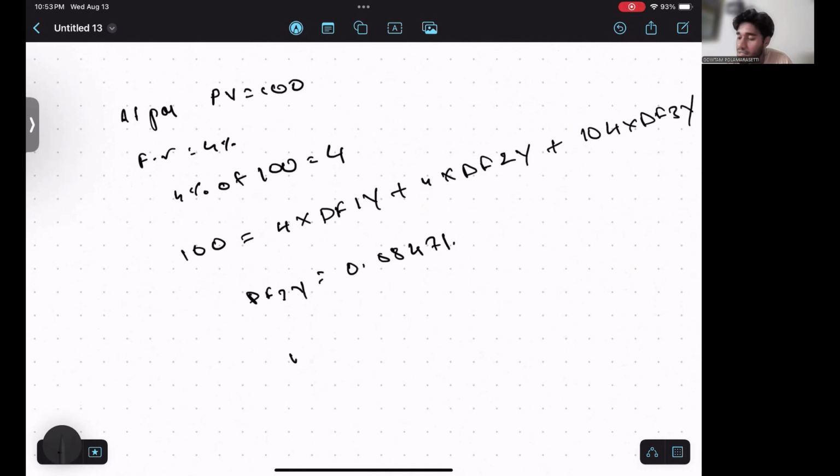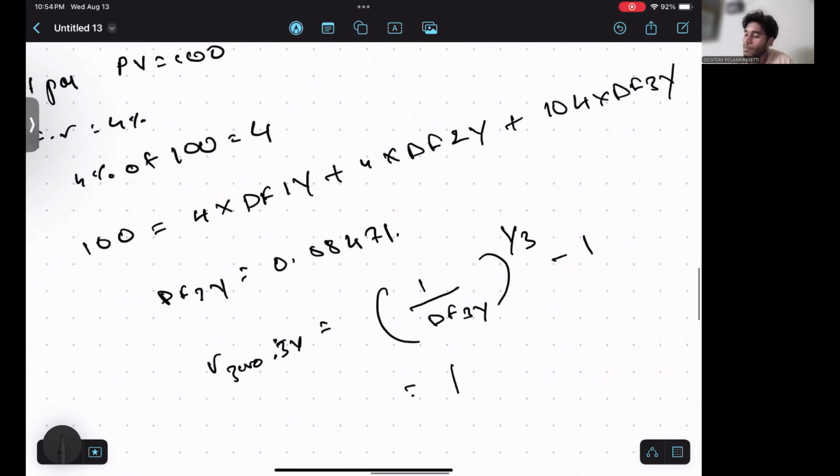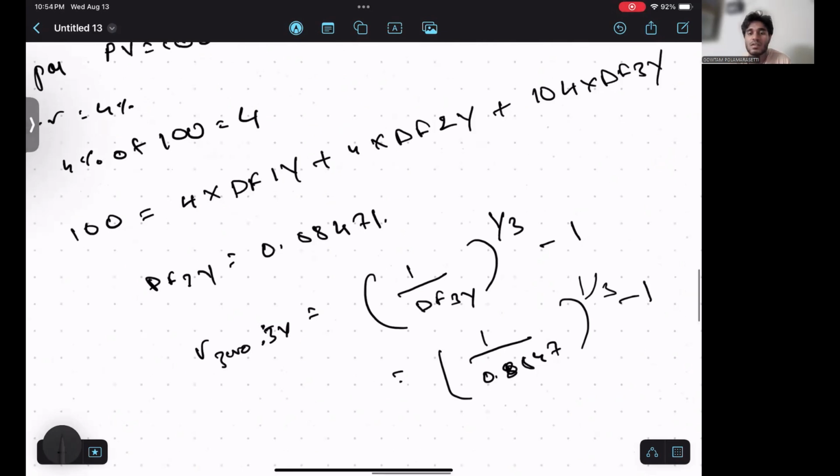We already know the zero rate formula. So the zero rate R for 3 years will be equal to (1 / DF of 3 years) to the power of 1/3, minus 1, which will be equal to (1 / 0.8847) to the power of 1/3, minus 1.